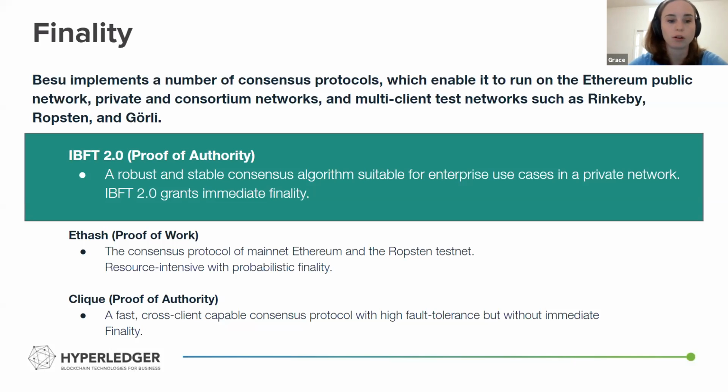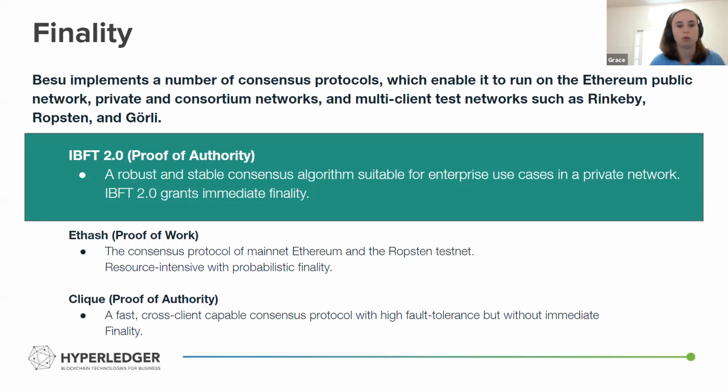You can either use Clique, which is known for its high fault tolerance and is a very fast consensus mechanism, but it doesn't have immediate finality. If you were to ask my engineers and teams, they'd probably tell you we'd recommend using IBFT2 within your permission network settings.